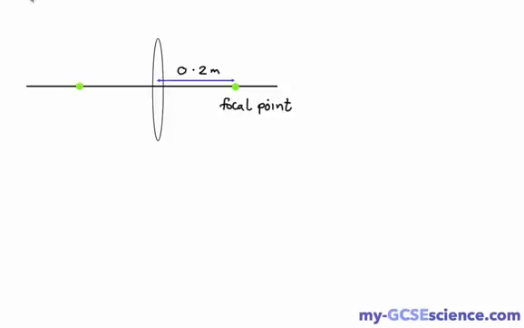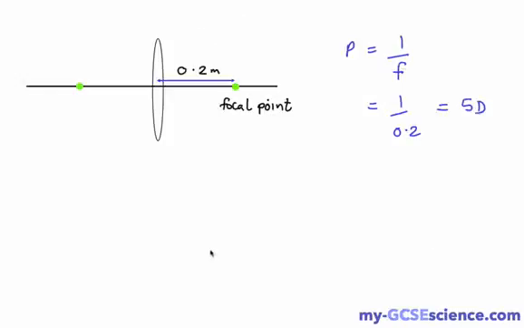The last thing, just quickly, I think we could possibly do is try a couple of calculations for our lens power. This is very straightforward. We've got a lens here, a focal length of 0.2. So if you remember the formula, it was power is 1 over f. So in this case it'd be 1 over 0.2, and so the lens power here is 5 diopters.